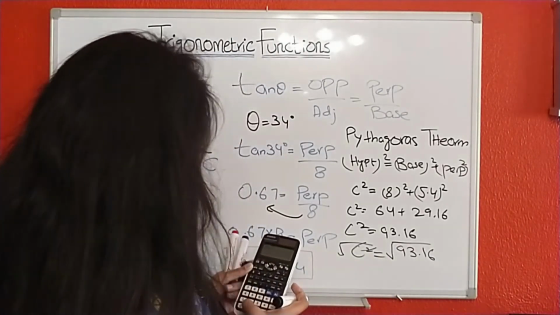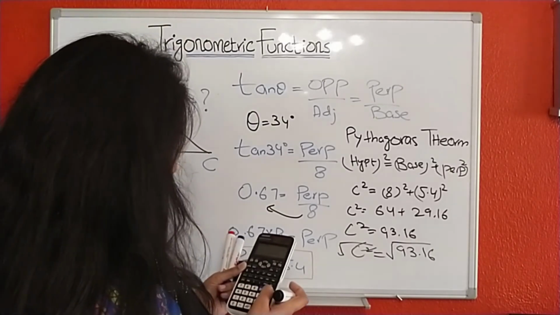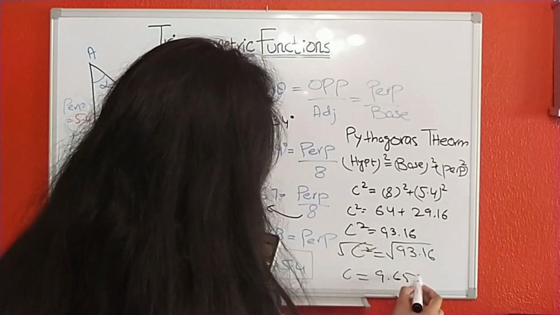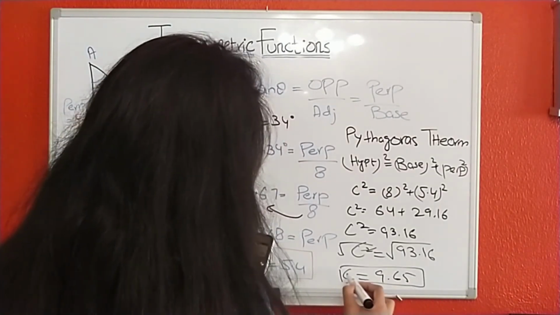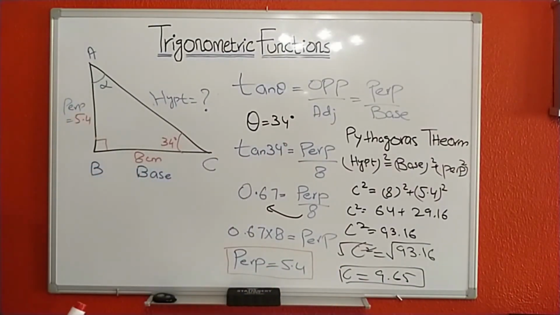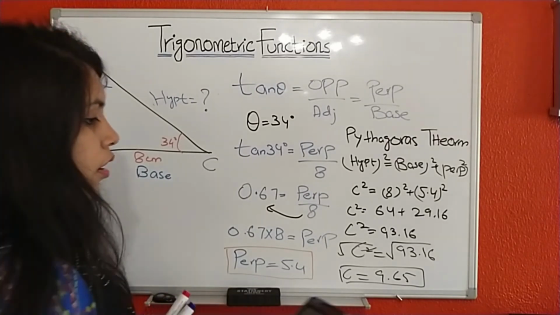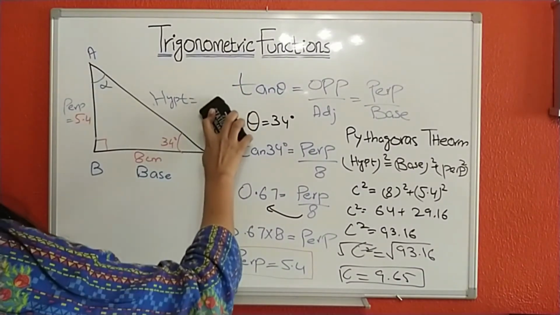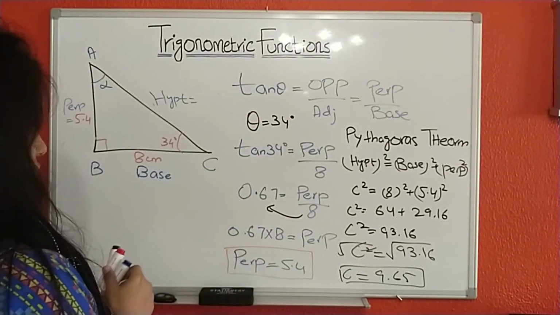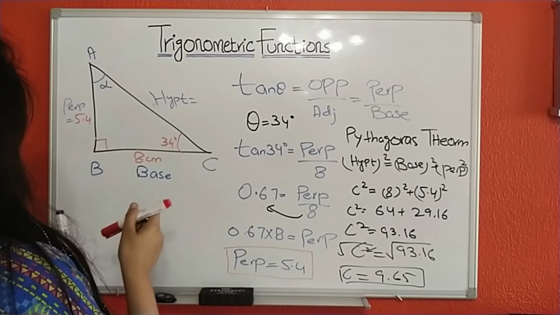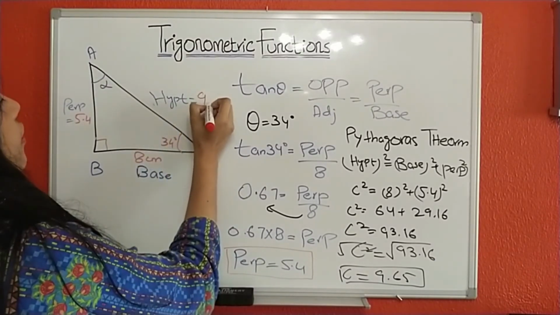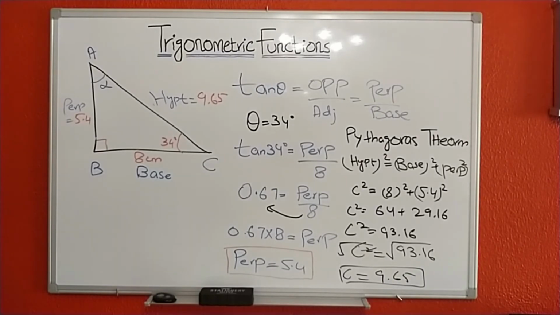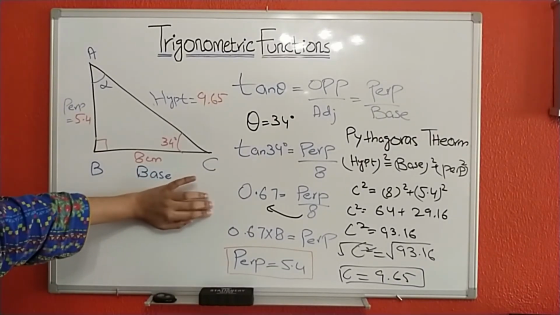Root 93.16 is equal to c is equal to 9.65. So the value of hypotenuse is 9.65. I am writing the value of hypotenuse here.